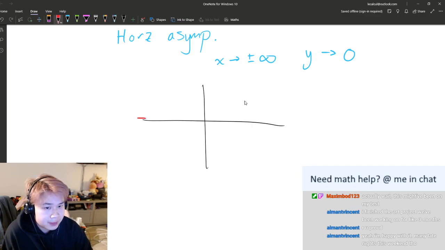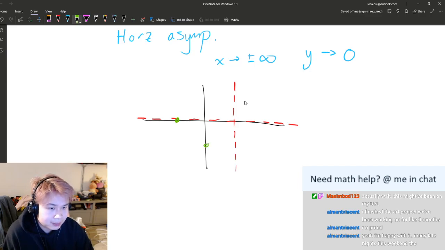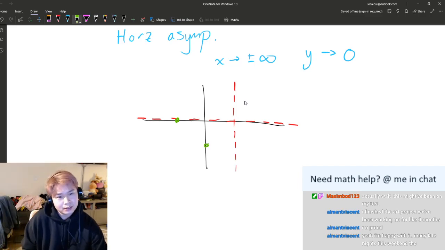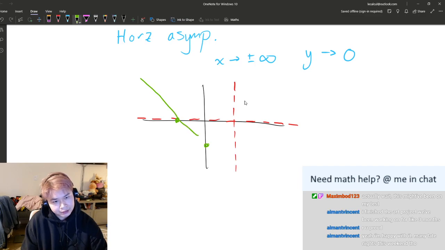So we have a horizontal asymptote, we have a vertical asymptote, we have an x-intercept, we have a y-intercept. This is our linear equation.